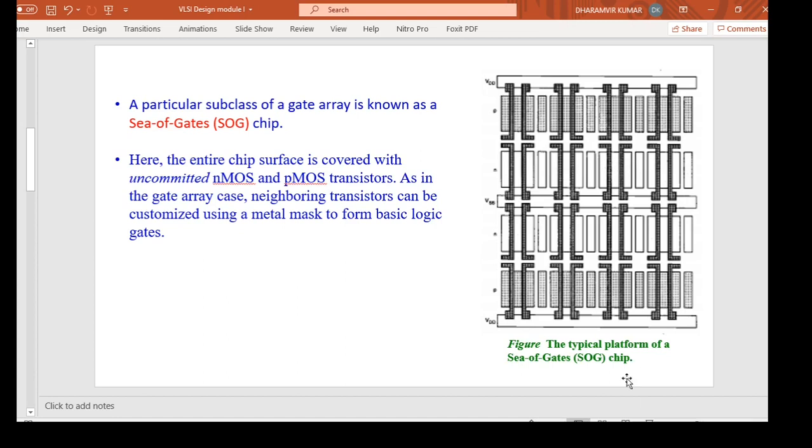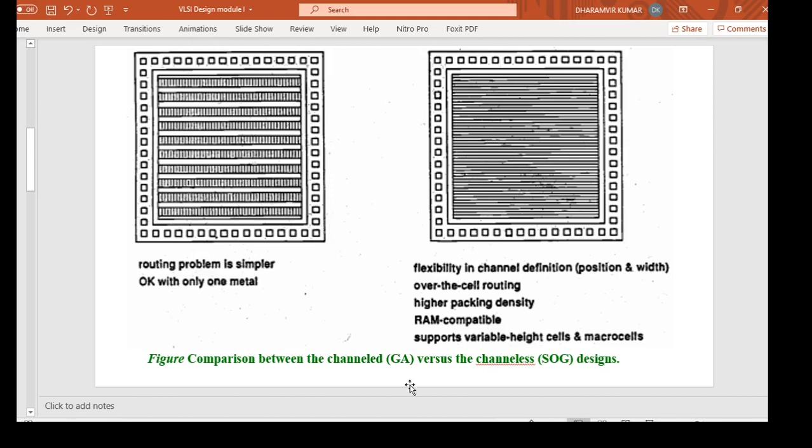Similarly, this one is NMOS, and this grayish area is PMOS. Okay, so when you connect one PMOS with one NMOS, we get an inverter, one CMOS inverter. But this will depend on what connection is required, whether we want an inverter or an AND gate or an XOR gate or any other kind of circuit. Okay, so this shows a comparison.